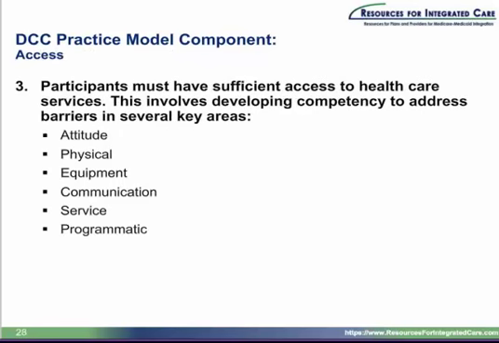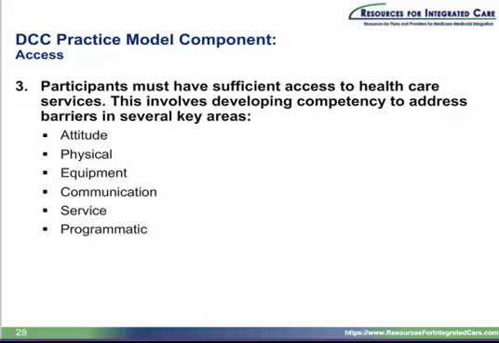The third pillar focuses on all aspects of access, which is perhaps the greatest barrier to care experienced by persons with disabilities. The DCC model describes access in the following terms: attitude, biases or stigmas associated with disabilities; physical, that's the most obvious access barrier, and it follows the requirements of the ADA and the Olmstead decision.